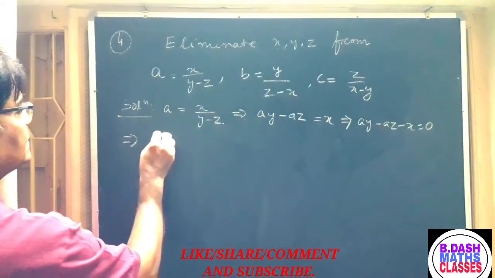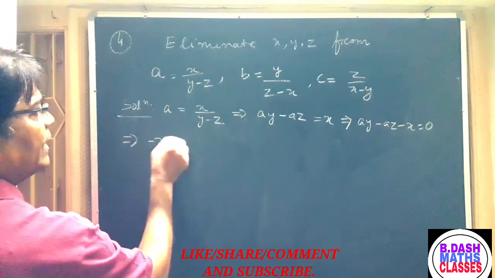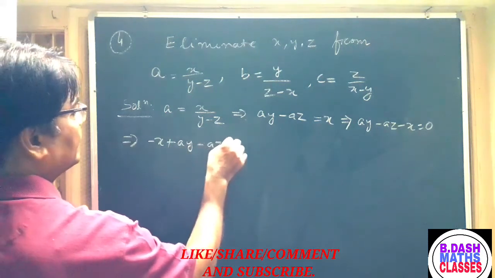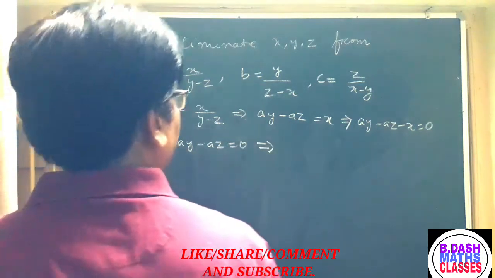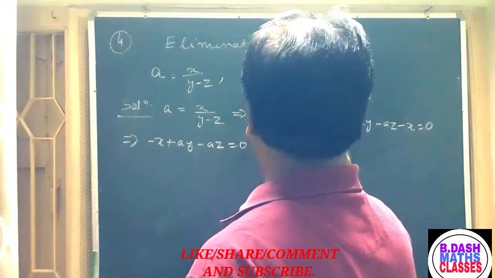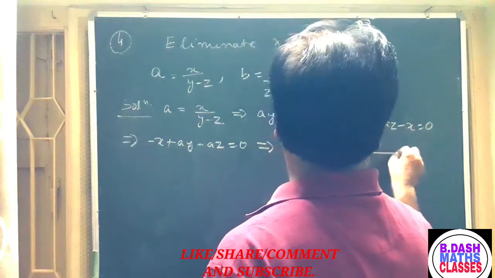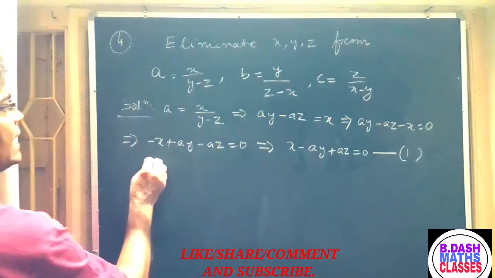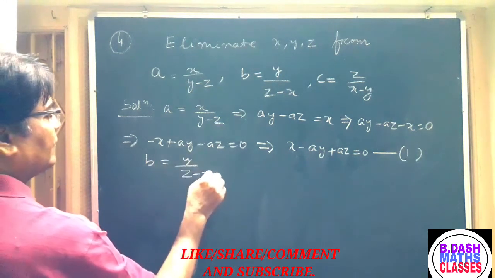This gives us minus x plus ay minus az is equal to 0. So this gives us x minus ay plus az is equal to 0. So let us take this as equation 1. The second one is b is equal to y by z minus x.